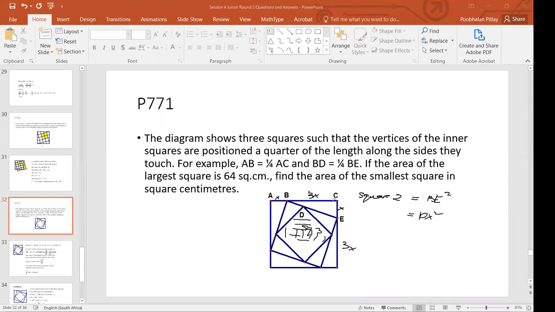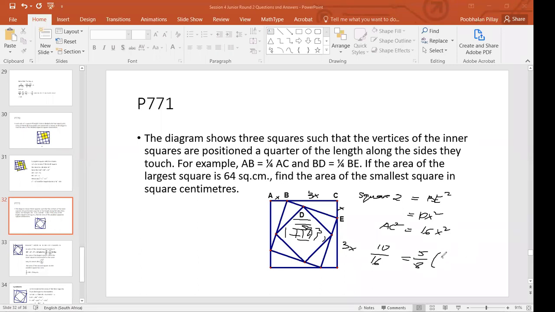The original square, the area was AC squared. This is 10x squared. AC squared is 16x squared, because you've got 4x here. So the ratio, the second square is 10/16 of the original, which is 5/8 of the original.